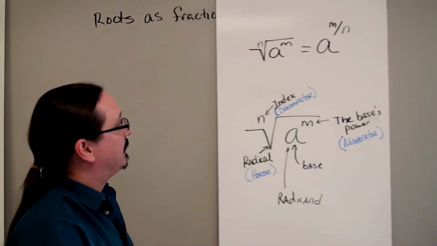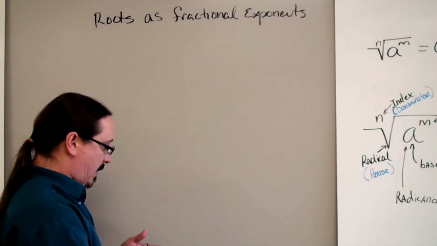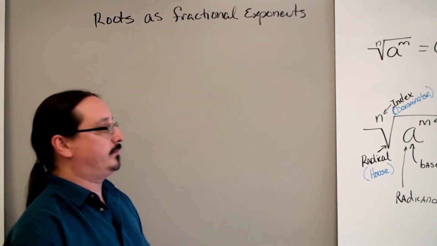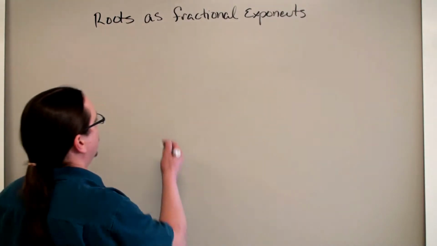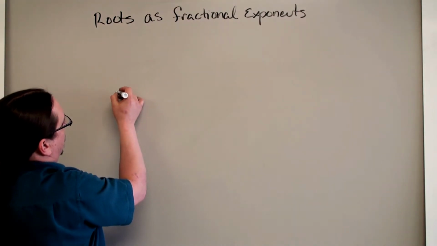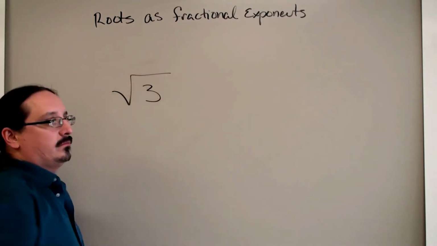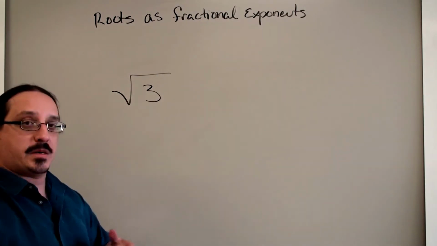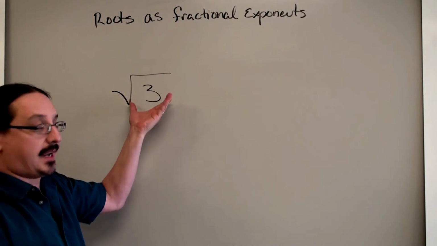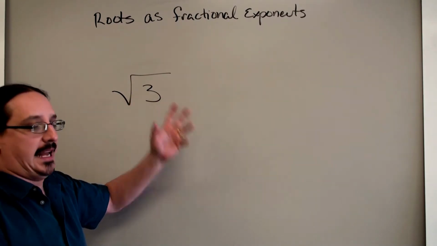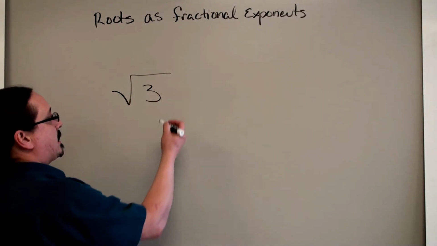Okay, so let's get an example here. Let's say we're looking at the square root of 3. Now, if the radicand doesn't have an exponent, it's taken for granted that the exponent is 1.